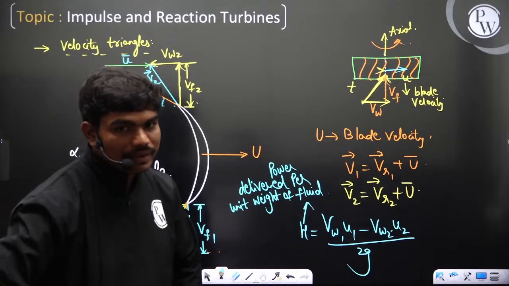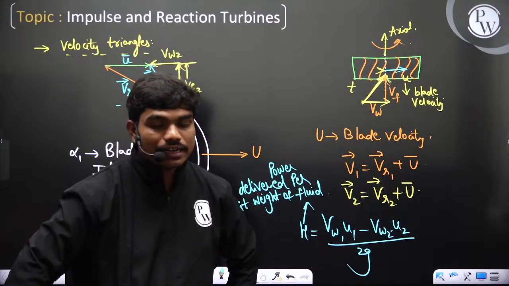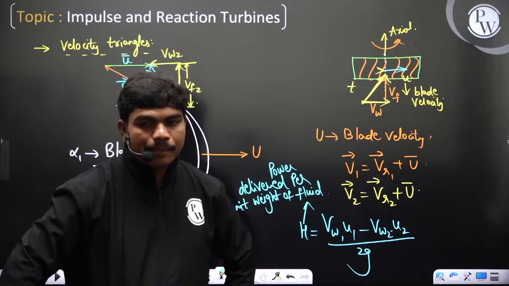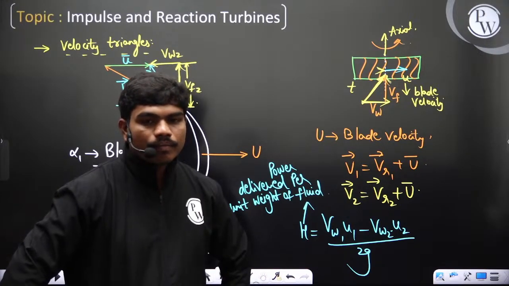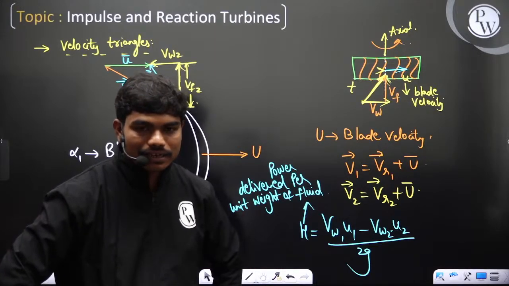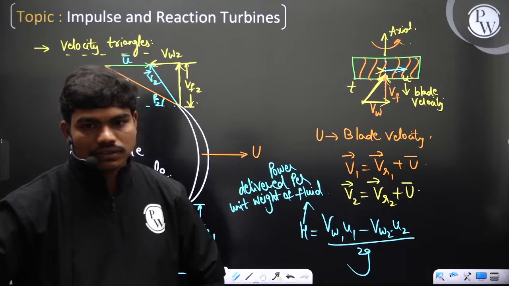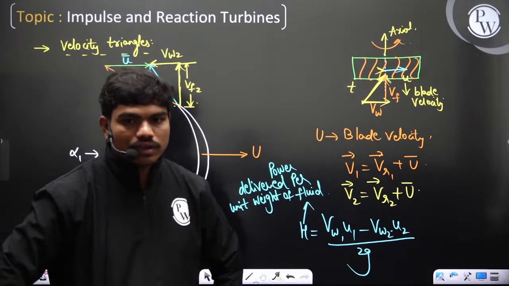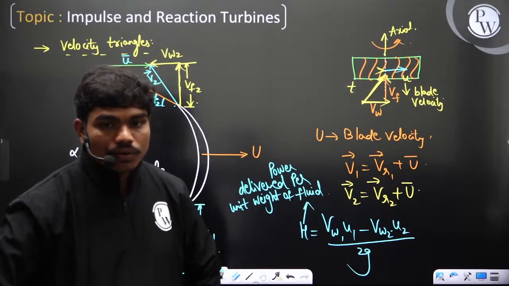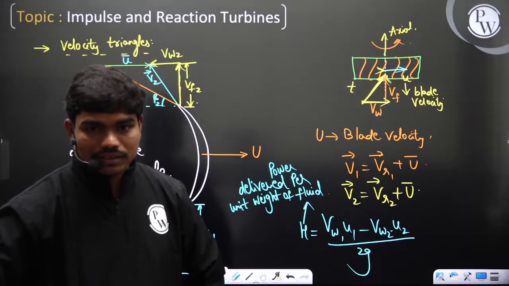Something happens. If beta 2 is equal to 90, something happens in this expression. What is that? Think. Come on, you guys can do it. Think. Yeah, exactly, VW2 increases.